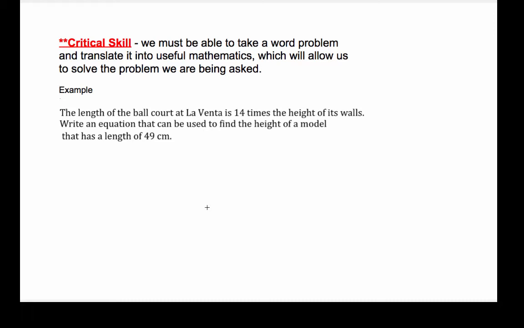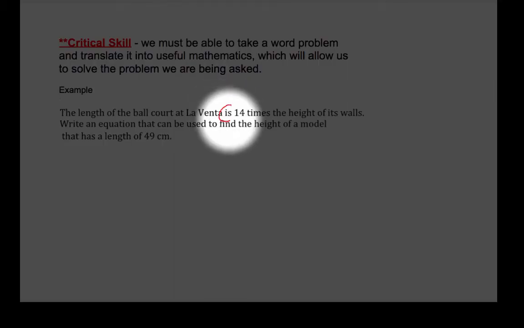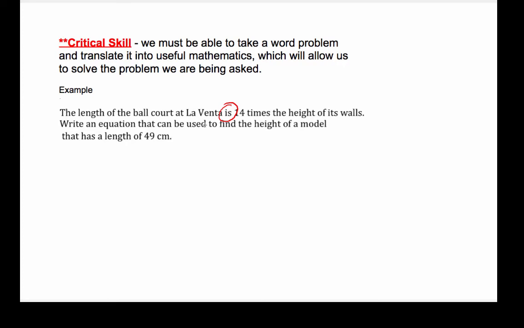Now, there is a small, teeny tiny word in this whole problem that's very critical, and it's right here. The word is. When you see the word is in a statement, is means equal. So we have two things that are going to be equal.